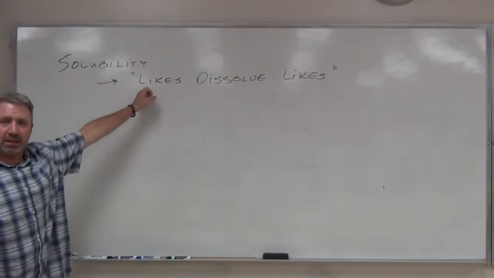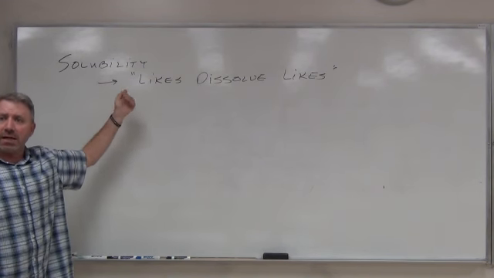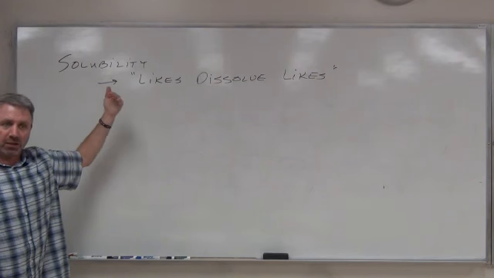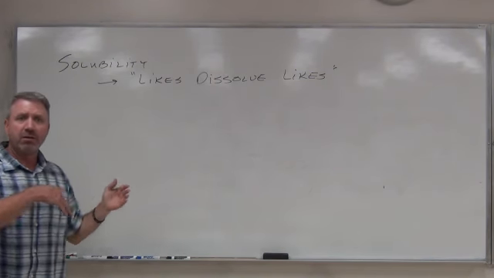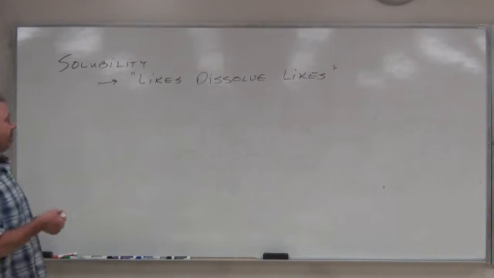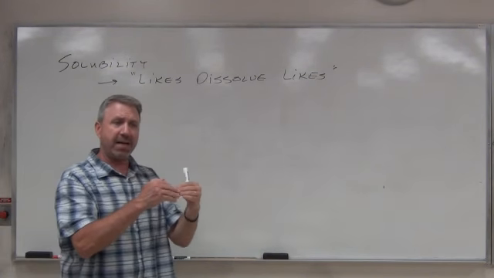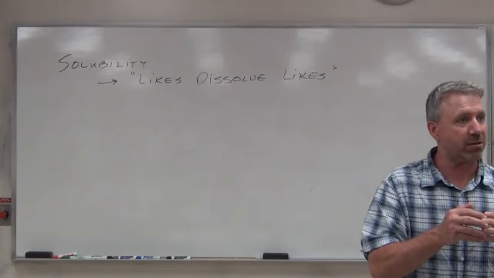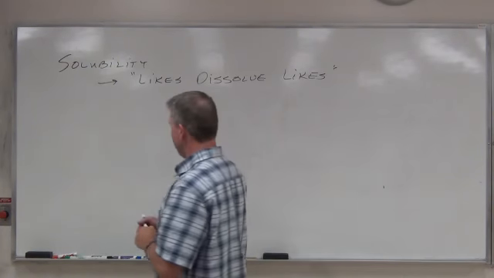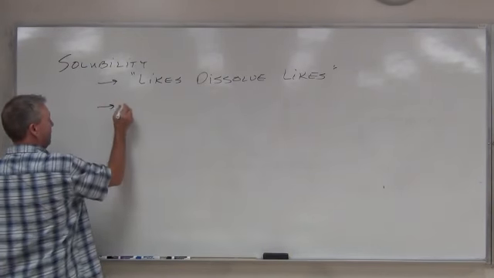That's it qualitatively. Solubility is actually a number. Okay, it's a quantitative maximum of solute, and it's very similar to our saturated solution. In fact, when you have a saturated solution, you've reached the solubility of that particular solvent. The solubility is exactly the same definition.